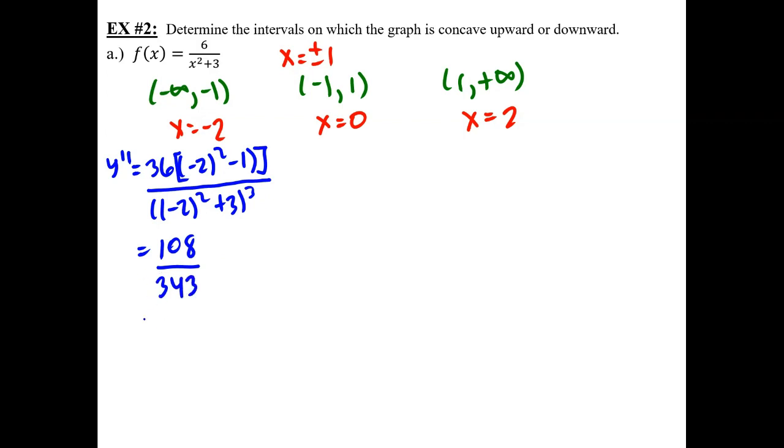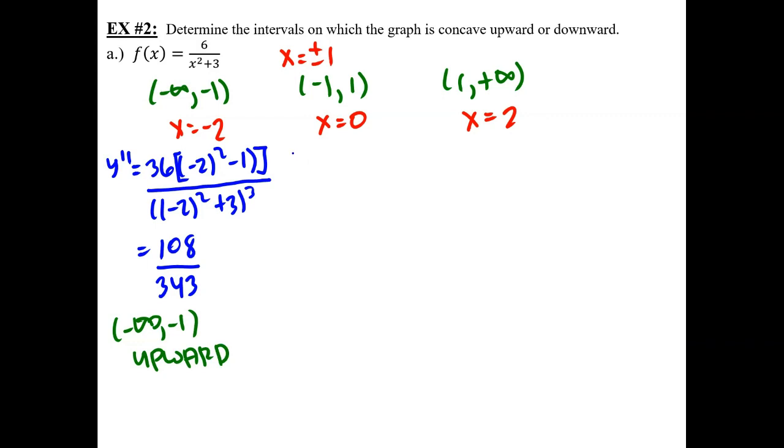So we have a positive. Even if you simplify that, the value of our second derivative will still be positive. If we have a positive, then the interval negative infinity to negative 1 has a graph that is concave upward.